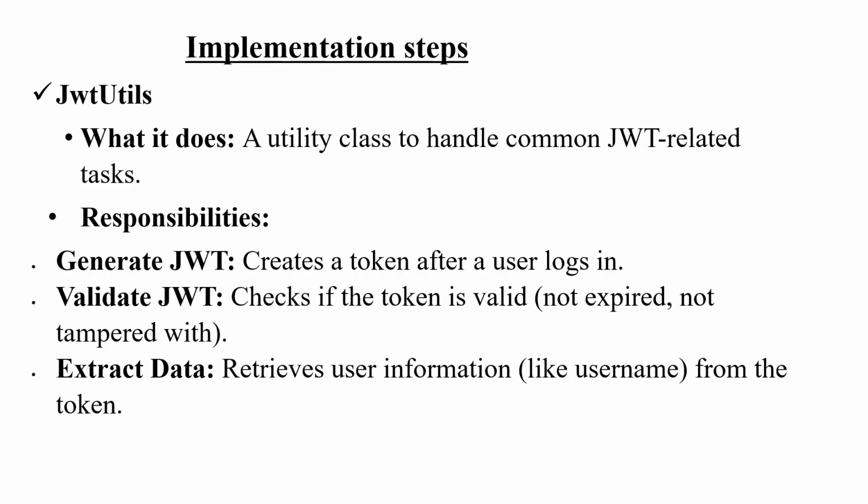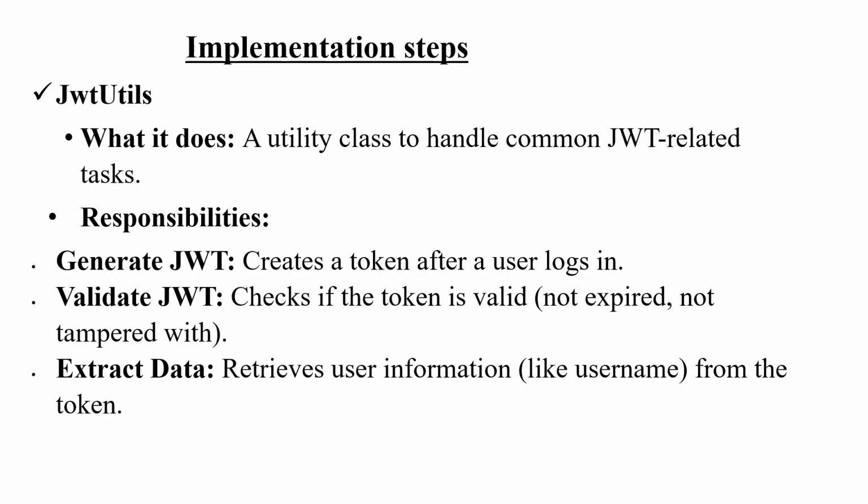Implementation steps. How do we implement JWT? The very first thing is to get the JWT dependencies and put them in the pom.xml file. Then you create JWT utils. What is the purpose of JWT utils?